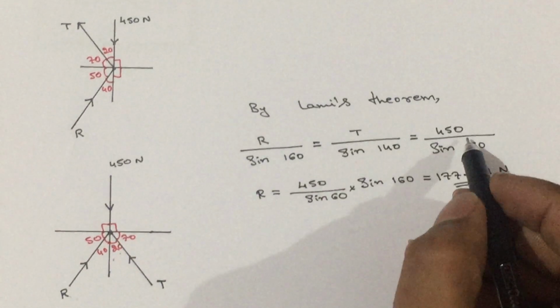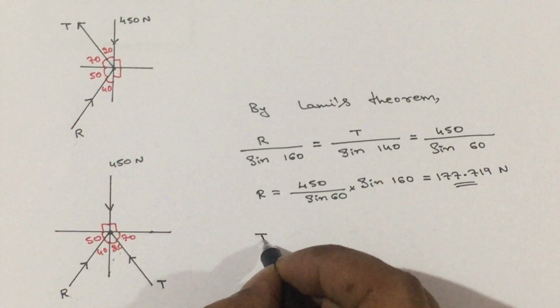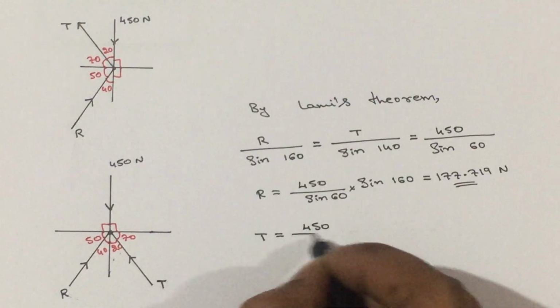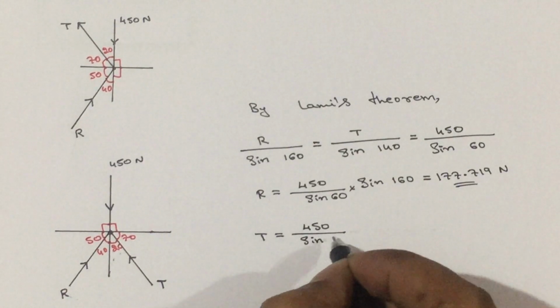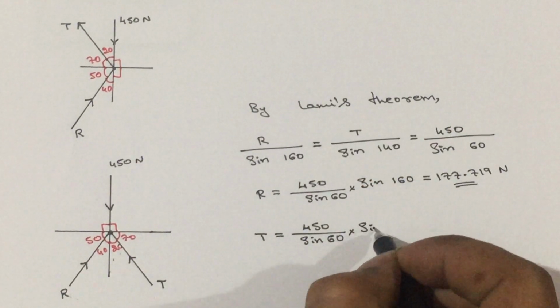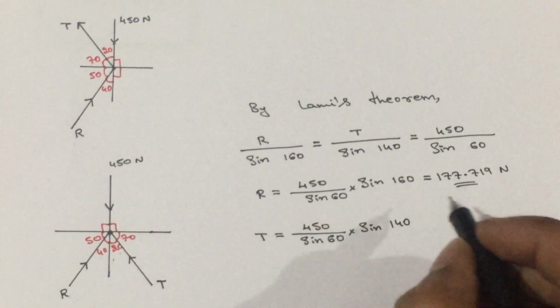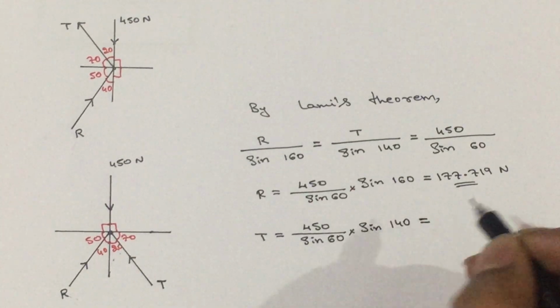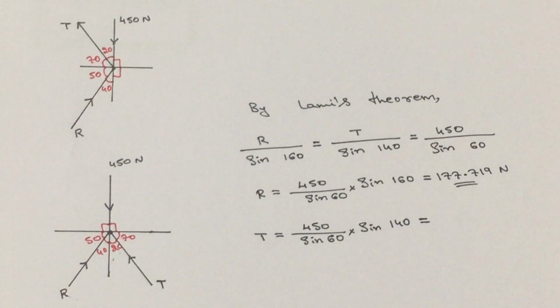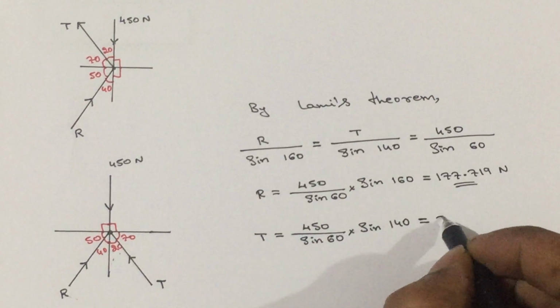Then by using the second part and the last part, T is given by 450 divided by sine 60 multiplied by sine of 140, that is equal to, you are going to get T as 334.002 Newton.